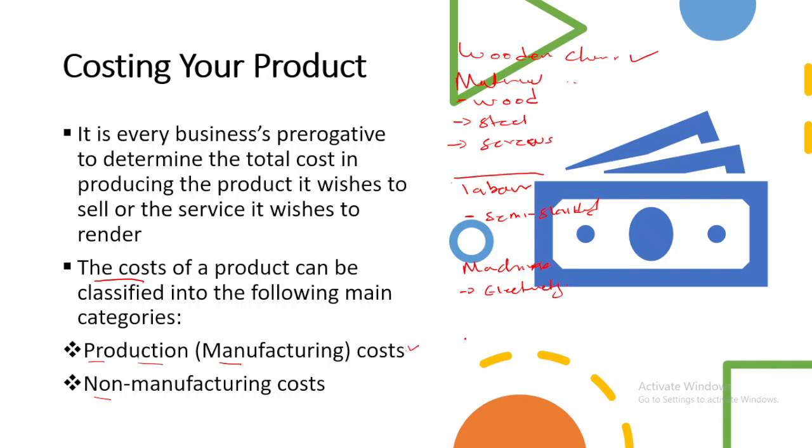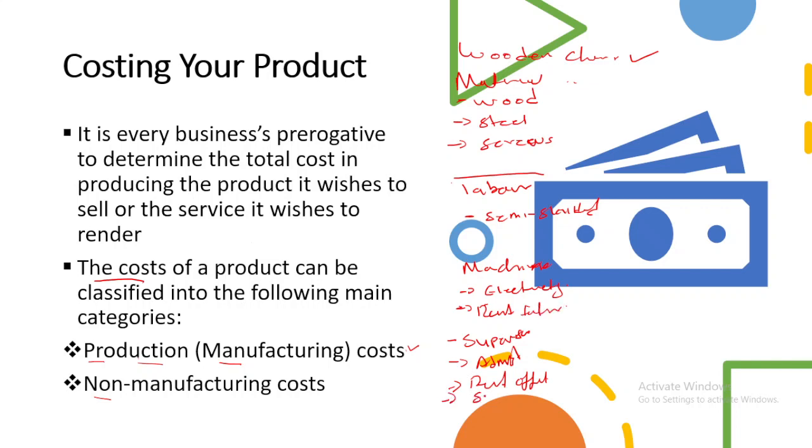In terms of non-manufacturing, we're going to need a supervisor, and we're going to have an administrator. We're also going to rent offices, and we're also going to rent space for a factory, the factory that we're going to use for production.